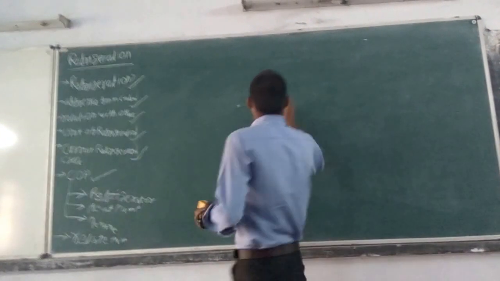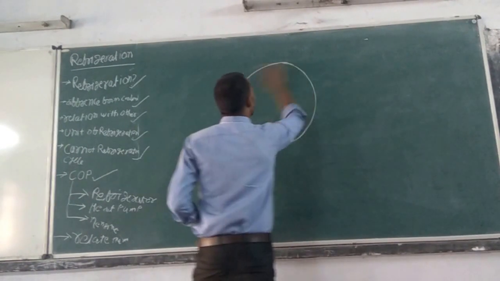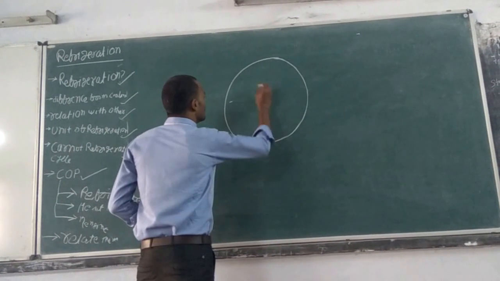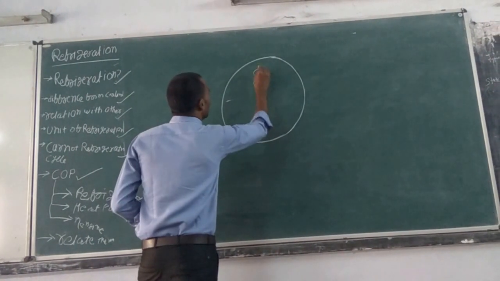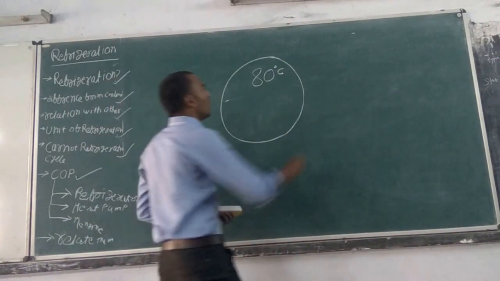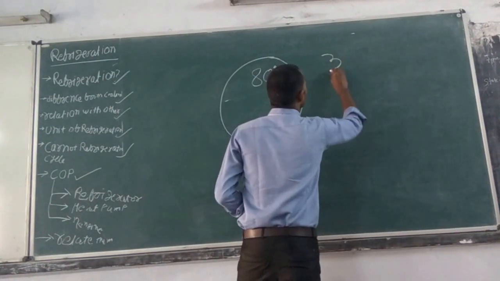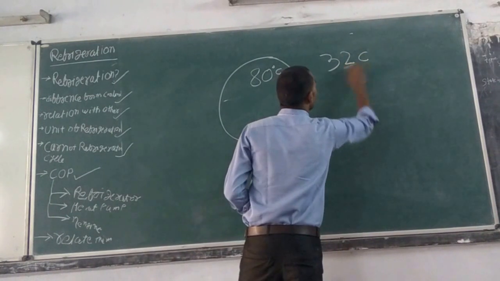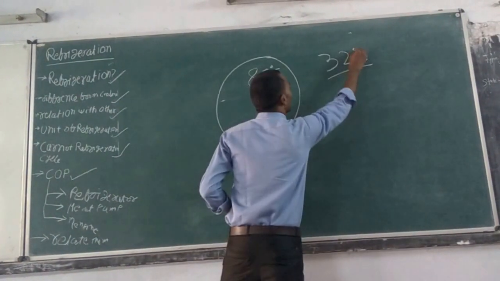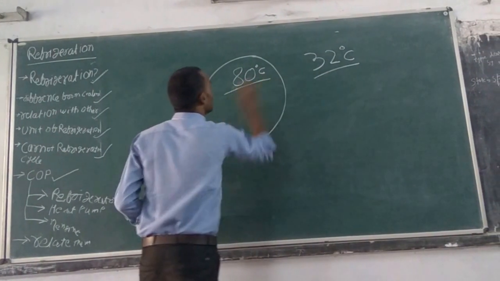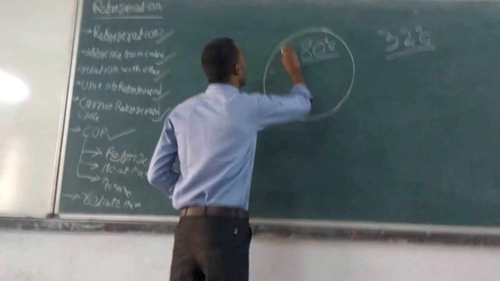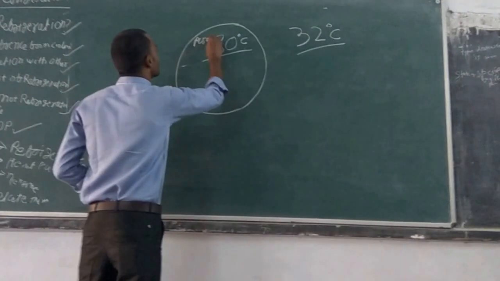Suppose this is our space where we have to maintain our temperature, and suppose this particular area has a temperature of 80 degrees initially, and the outside atmospheric temperature is around 32 degrees. As we see the temperature here is high, and we have to control it. We have to do refrigeration here.